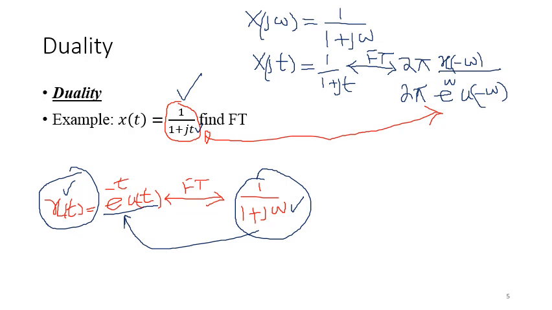If you recall, you have something like this in the frequency domain, and that is the Fourier transform of this signal. So scaling this signal by 2 pi and replacing t with minus omega, I should get the Fourier transform of this signal, based on the duality property.